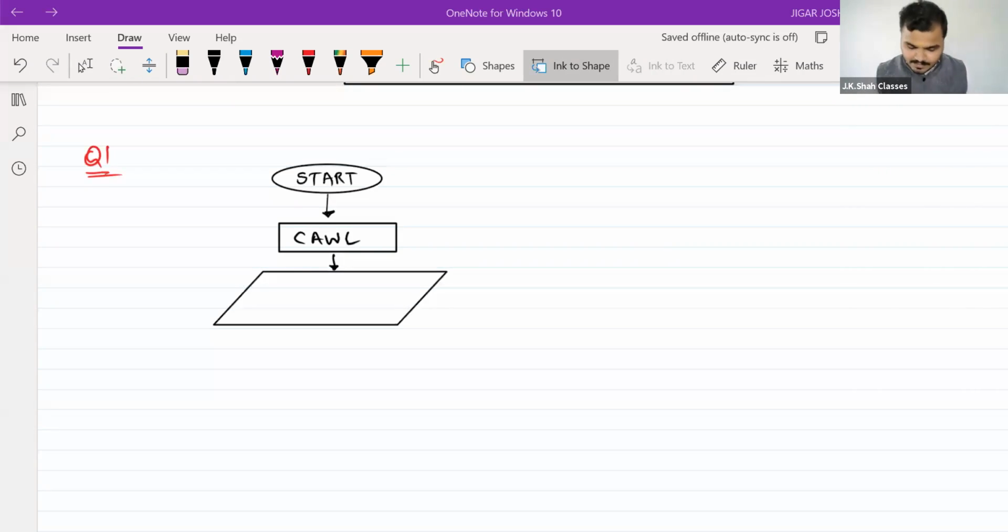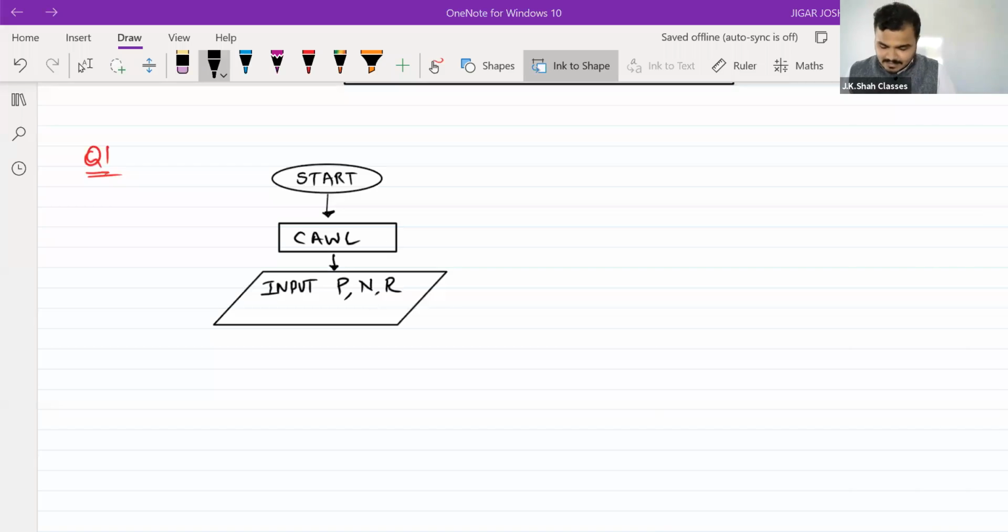Now make a rough chart in your mind: suppose you want to make software that calculates the simple interest, you will ask the values from the user, and the software will automatically calculate the simple interest. In input, we will ask three things from the user: P, the principal amount, N, the number of years, and R, the rate of interest.